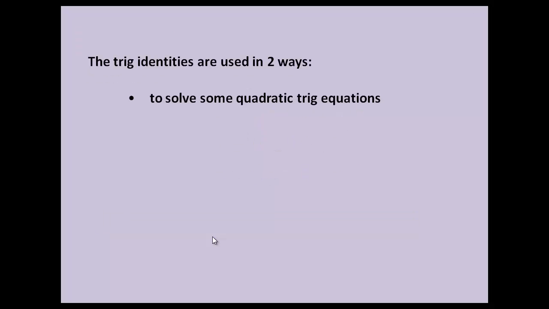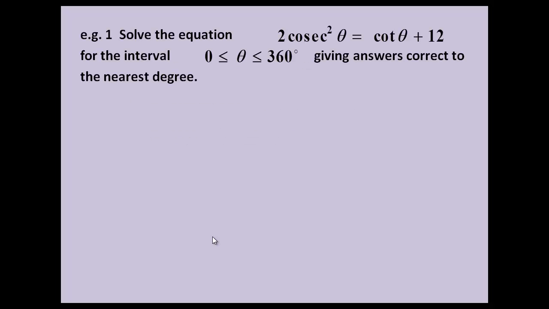There's two main ways we use these identities: to solve quadratic trig equations and to prove other identities. Very similar to what we've already done with sine squared theta plus cos squared theta equals 1. Okay, first example then. 2 cosec squared theta equals cot theta plus 12.